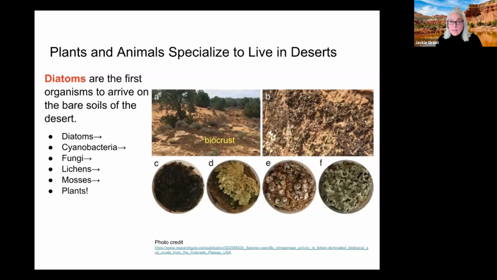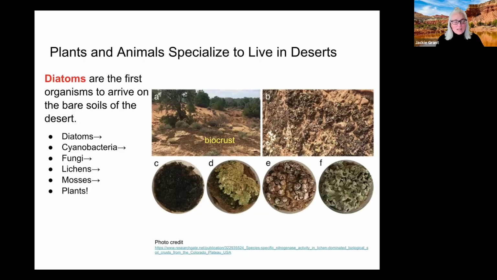They pair up with cyanobacteria, also single celled, both of which are photosynthetic, which means that they can get their energy from the sun and reproduce and create a biofilm, so a little film over the sand that is then able to attract fungi and grow more and grow thicker.